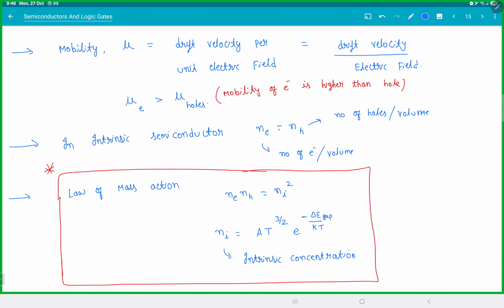So this is one formula which you need to mug up: the law of mass action. There have been questions on this. No matter what you do, Ne into Nh, the product will always remain constant. The k here is the Boltzmann constant. So here we have two new terminologies: one is mobility, and the other is the law of mass action, which is a formula.